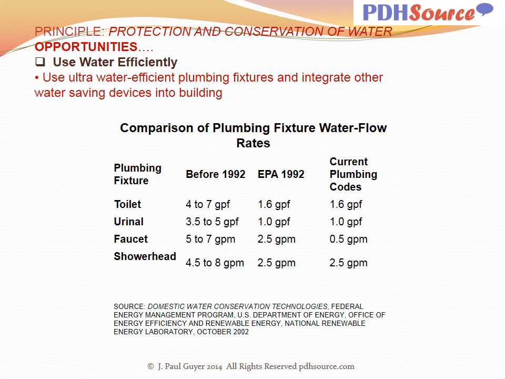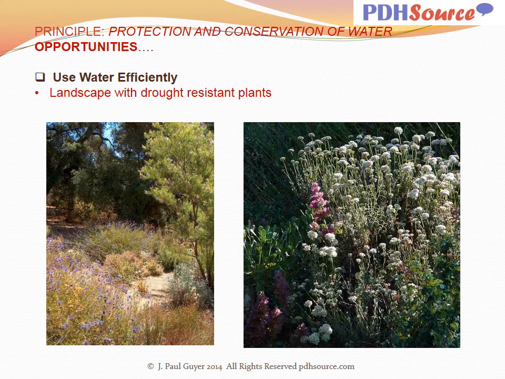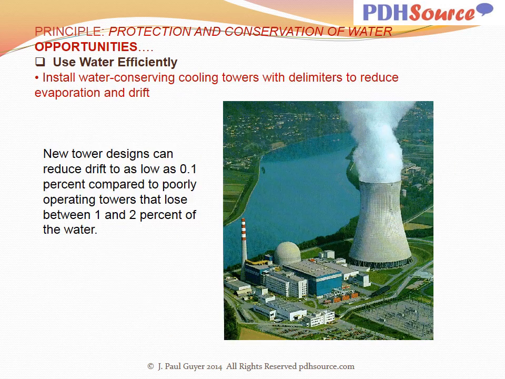So big improvements there, and very easy for you to specify these requirements in your specs. Protection and conservation of water, of course, if you can use drought-resistant plants, then you don't have to irrigate them. Therefore, you are using less water. So that's good.